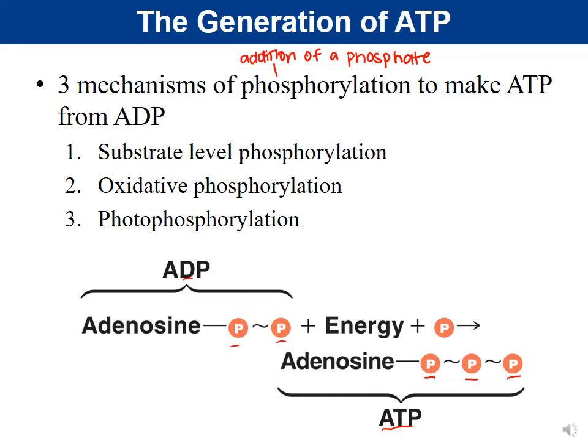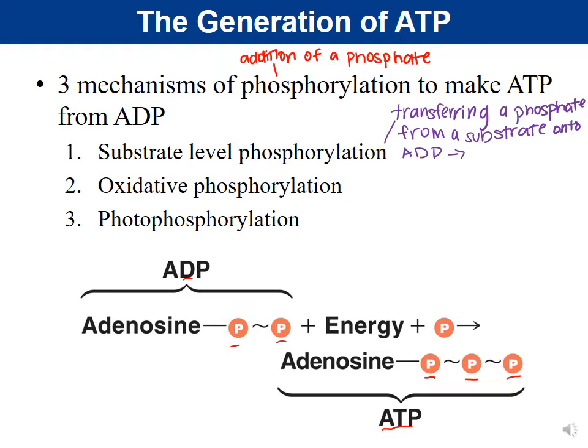The first one is what we call substrate level phosphorylation. And this is simply transferring a phosphate from a substrate onto ADP, and that will form our ATP.